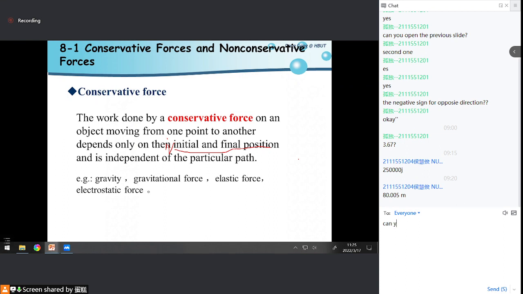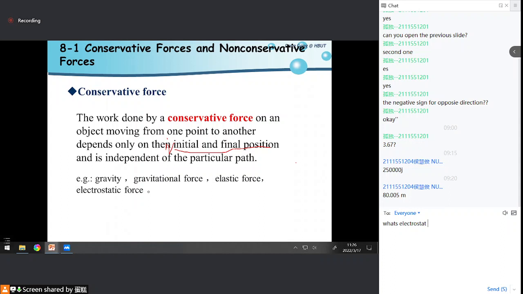For example, gravity and gravitational forces, and the elastic force. The work done by the elastic force is half kx squared. It depends only on x, not on the particular path.